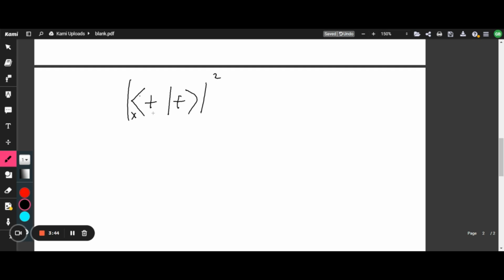As we know, the matrix for this would be 1 over square root 2, 1 over square root 2, and the matrix of that spin up in the z direction is just 1, 0.